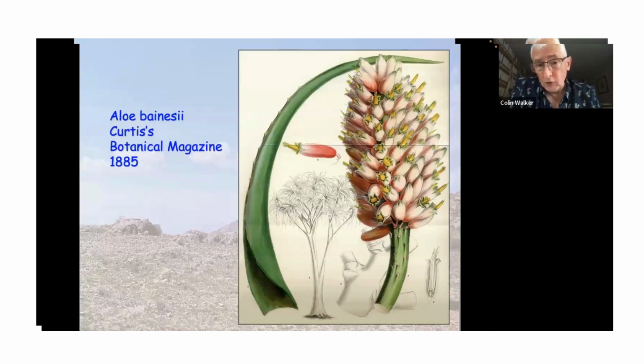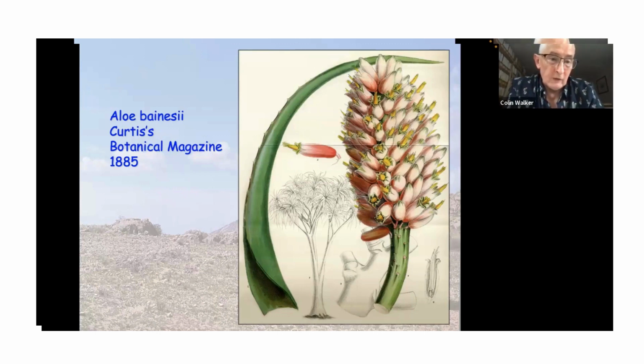John Baker was the aloe expert at Kew. He published the aloes, Haworthias and whatever else in the Flora of South Africa and also the Flora of Tropical Africa. So he was technically the aloe expert at Kew, but he ignored his boss's decision to take Aloe barberi to be the correct name.